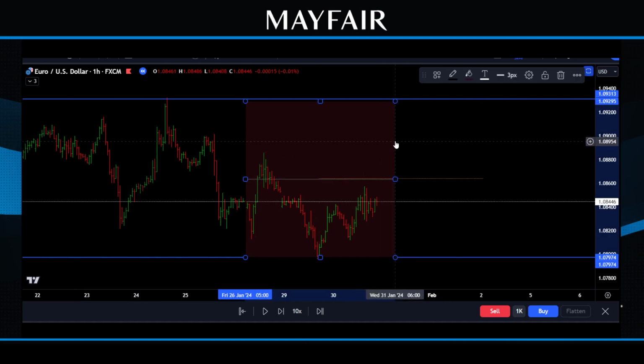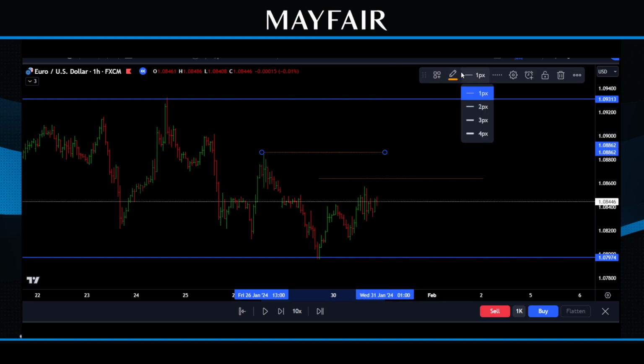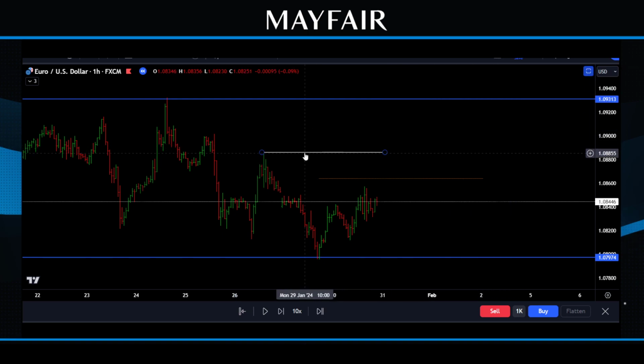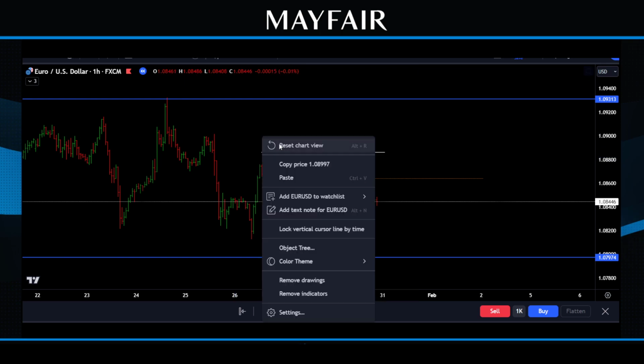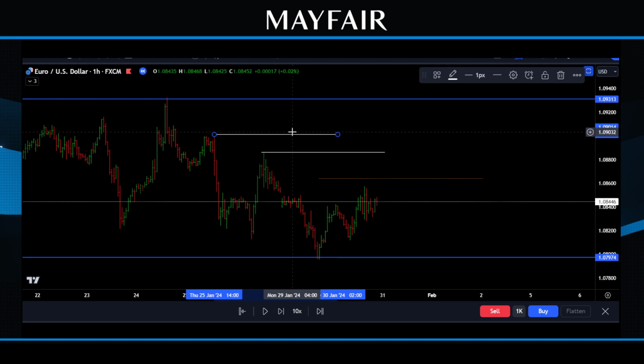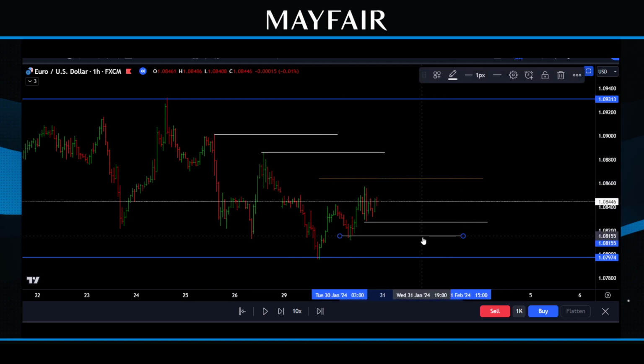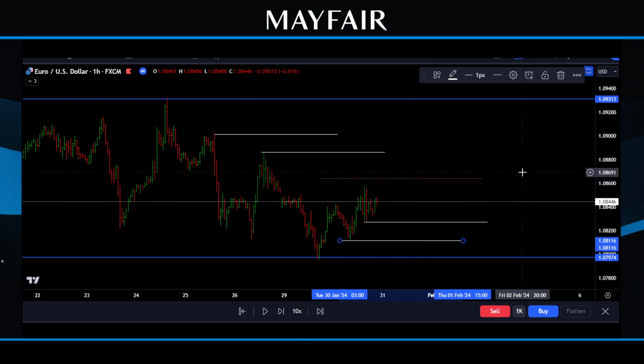These are my golden zones, my golden areas. We've got this price point here. Change this to be white, for example. We've got another one slightly higher up over here. We've got one underneath there, and one underneath there.